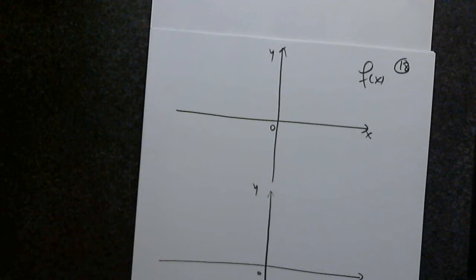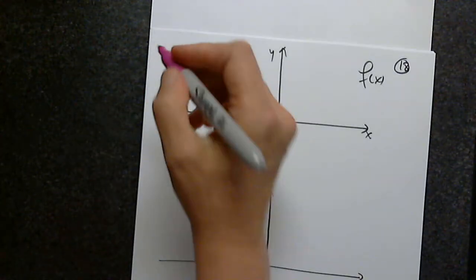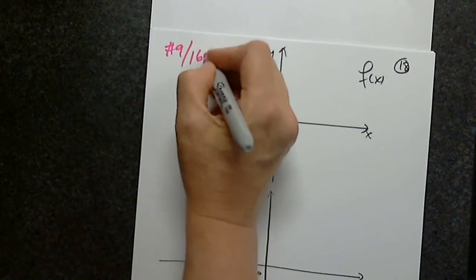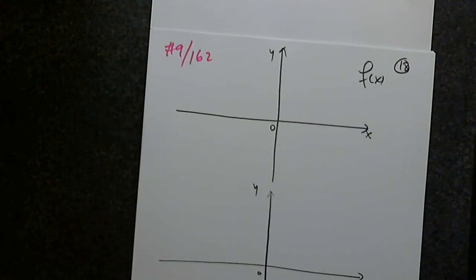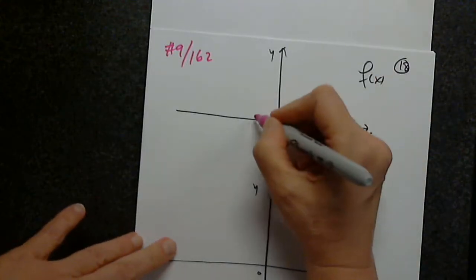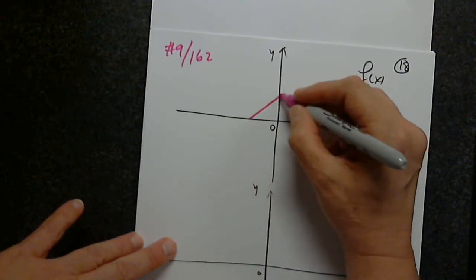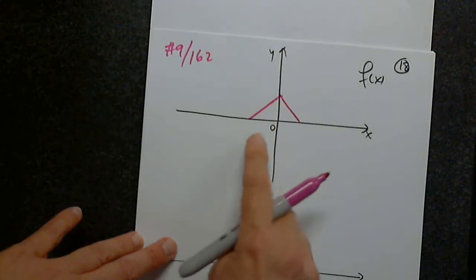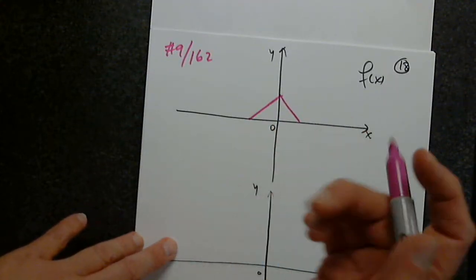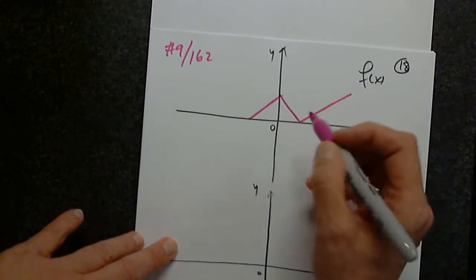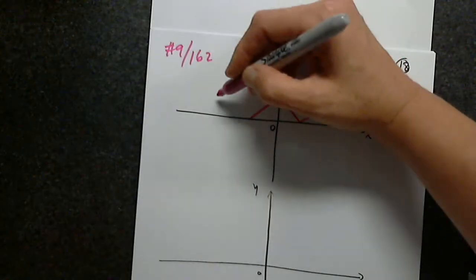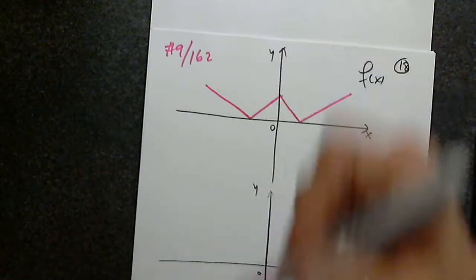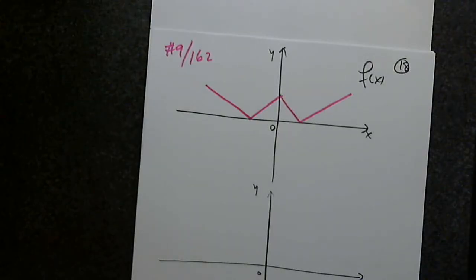So I'm going to copy the function. And in number 9, so this is number 9 on 162. I don't know those numbers, but it doesn't matter. So this is the graph. I don't know how high this is. I don't know what the x-axis is. I can't tell. It doesn't matter, though. Okay, ready?